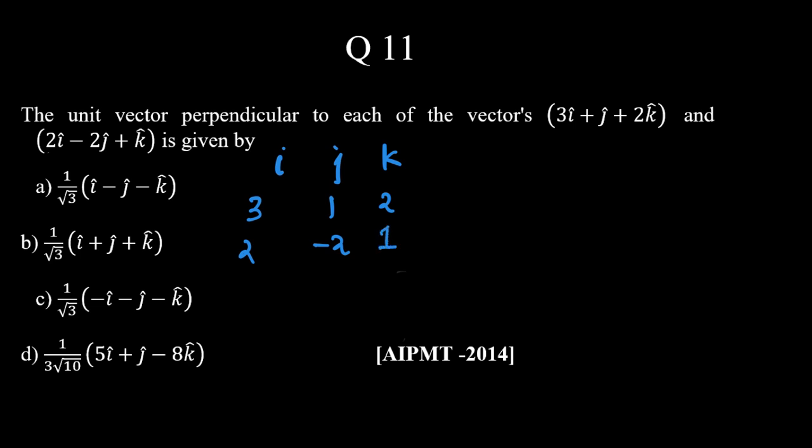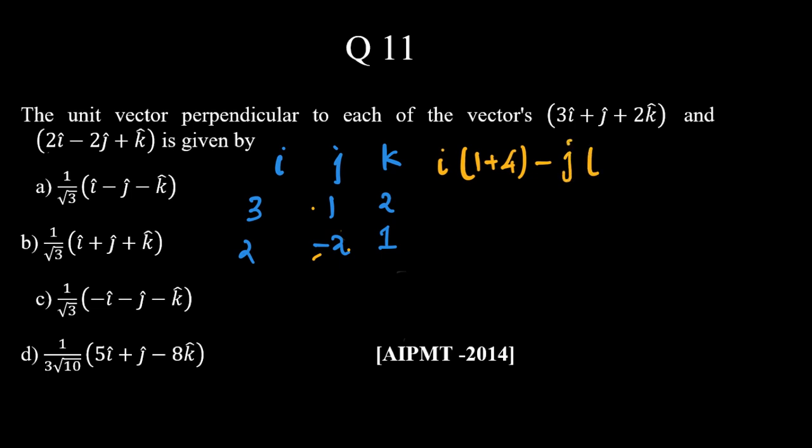If we open this determinant, I will have these two. So i into 1 into 1 is 1, 2 into minus 2 is minus 4. So it is 1 minus minus 4, which is 1 plus 4.